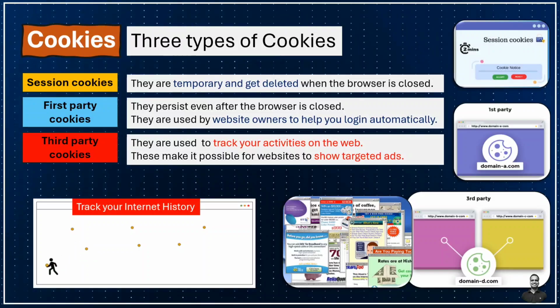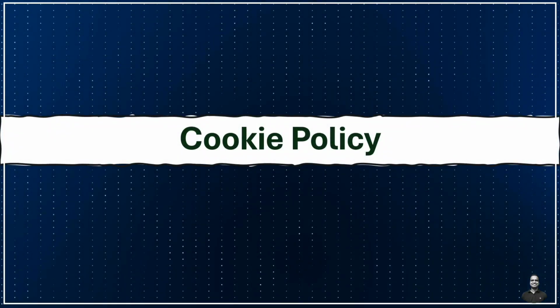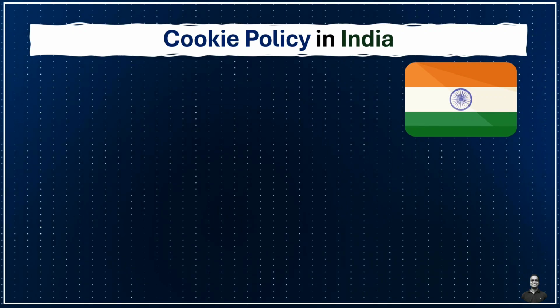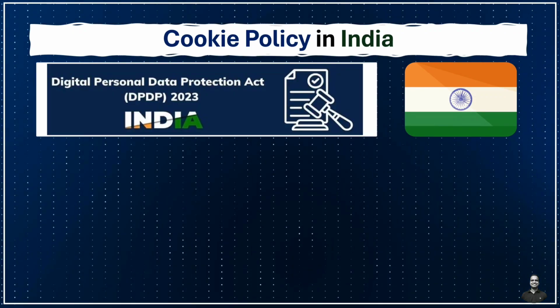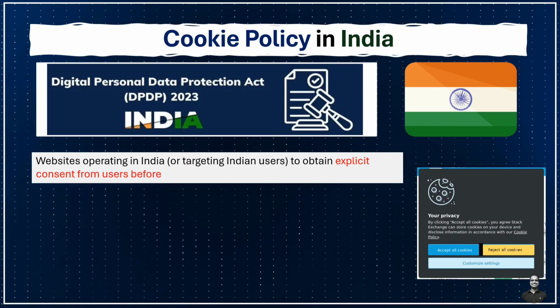So are there any policies around cookies? The answer is yes. In India, the Digital Personal Data Protection Act requires websites operating in India or targeting Indian users to obtain explicit consent from users before placing cookies on their devices.